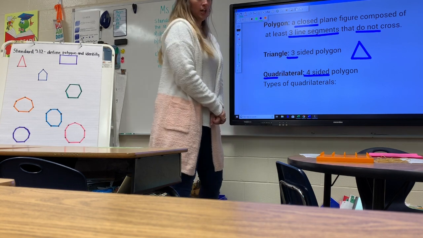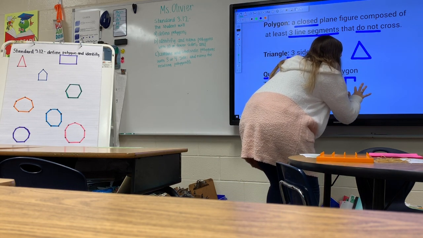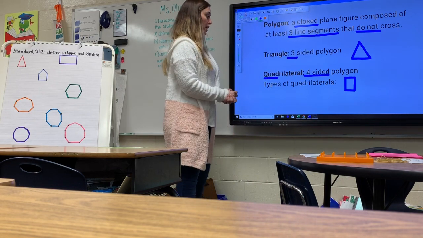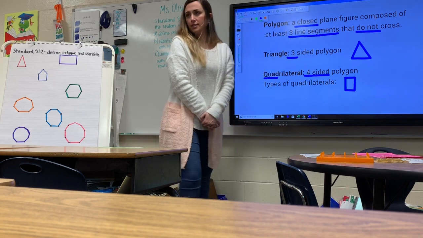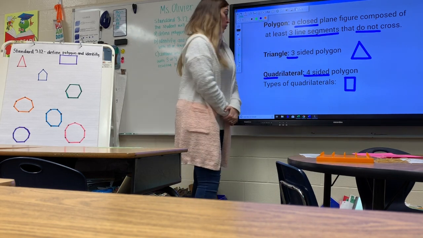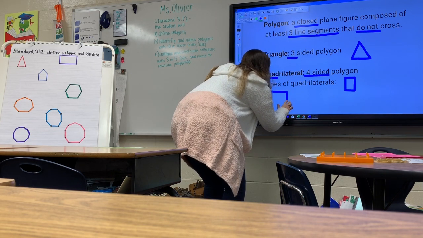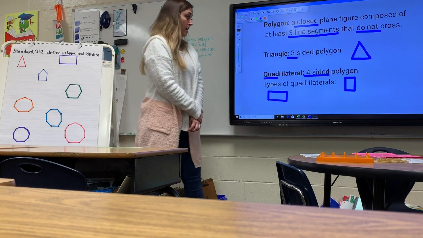Square, very good. We are all familiar with a square, and that is how many sides? Right, 4. So that is one type of quadrilateral. What other kinds of quadrilaterals? Rectangle, correct. So we draw this one, and it also has 4 sides, and it's closed. So that is another one.